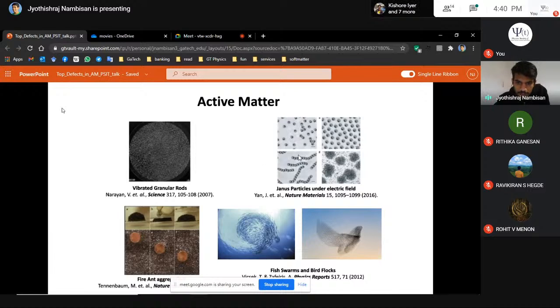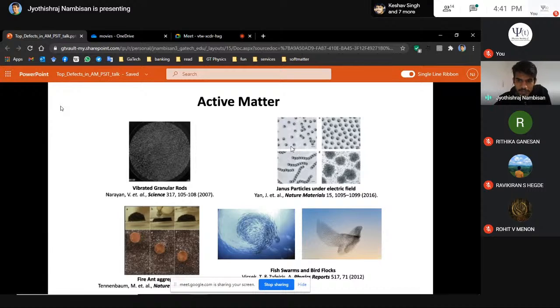Other examples are chemically synthesized Janus particles, which are surface treated. So one surface is, say, hydrophilic and the other hydrophobic, or one is responsive to an electric field and one is not, and things like that. Under a similar electric field, depending upon volume fraction or varying other parameters, the same system can behave as a real gas, or as some sort of quasi-ordered lattice, or as long chains, or as a phase-separated solid and fluid medium.